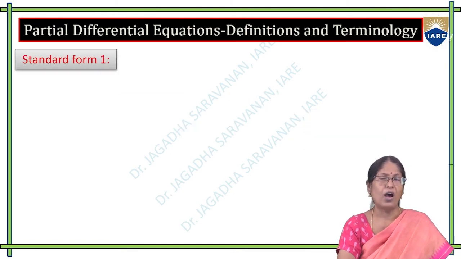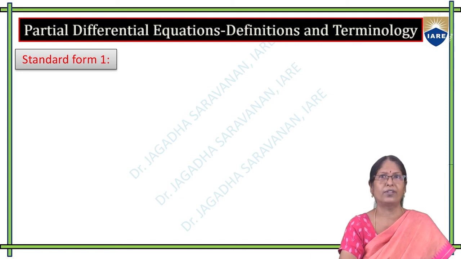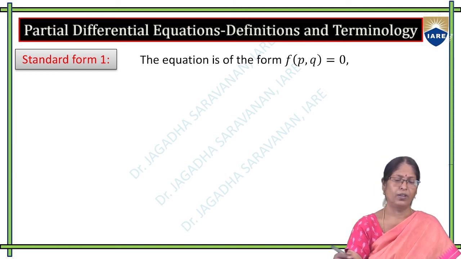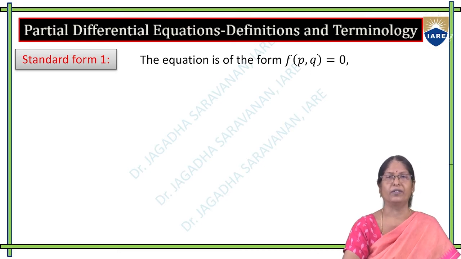Now, so far we discussed the linear equation, Lagrange's linear equation, under the method of grouping and method of multipliers. Now, standard form 1. Suppose the equation is non-linear. Non-linear means the degree is not equal to 1.